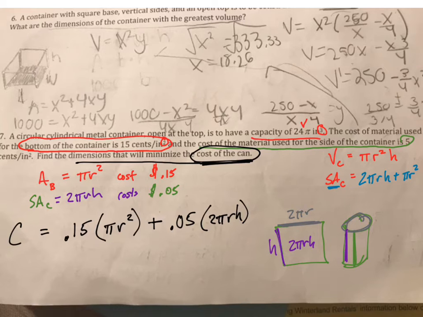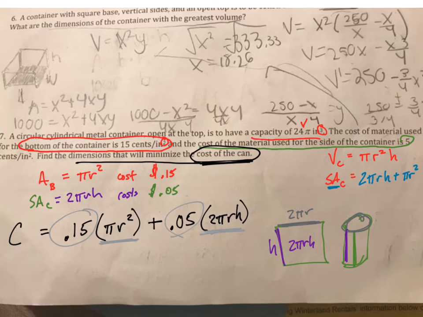So you see what I'm creating here is this is the area of the base, the circular base, and that's how much it costs me per square inch, right? This is the area of the side, the lateral surface area, and that's how much it costs me. So that when I add them together, I'm going to get the total cost.